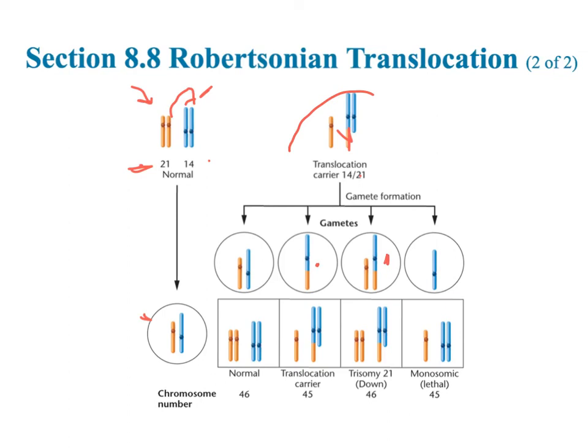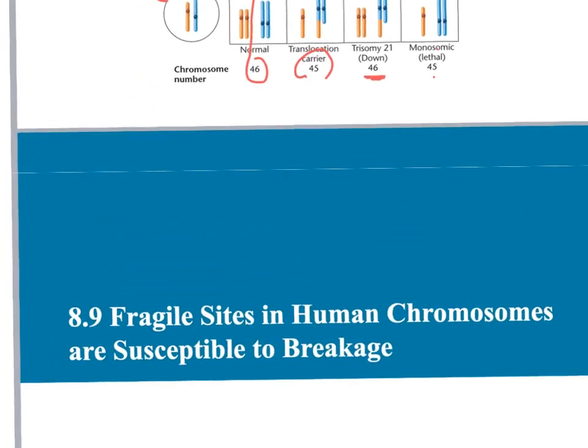And here's how, if it went this route, you'd get the normal. And here's the translocation carrier. Here's trisomy 21, that's regular Down syndrome. And then here's the monosomic, and that's the lethal. The other chromosome's not there. So monosomic is not consistent with life.